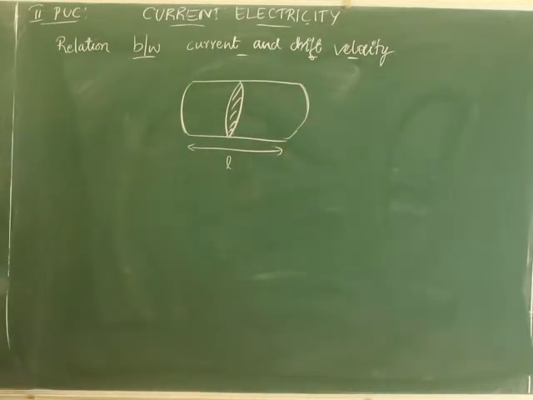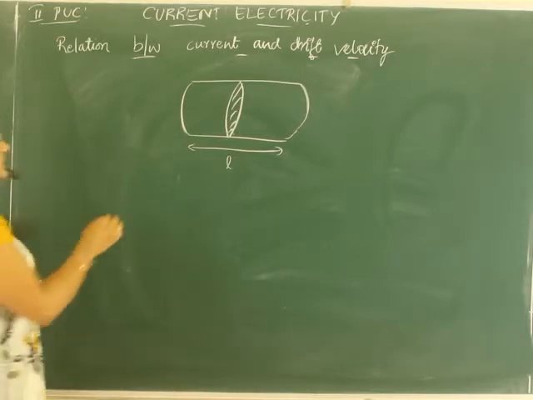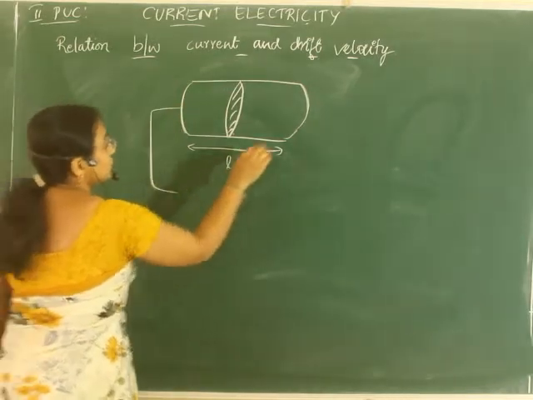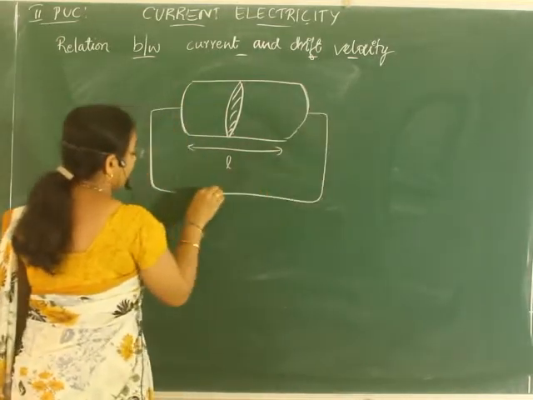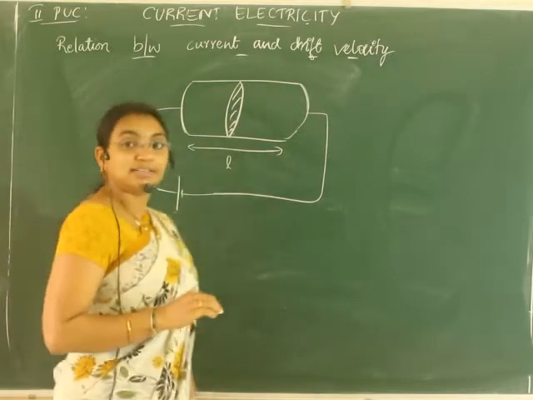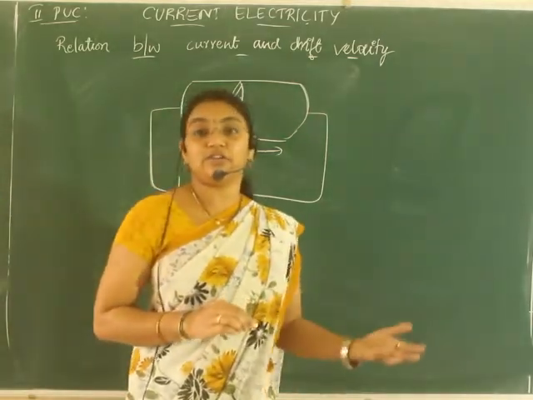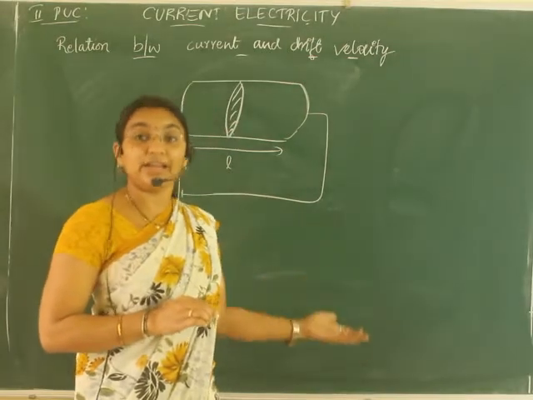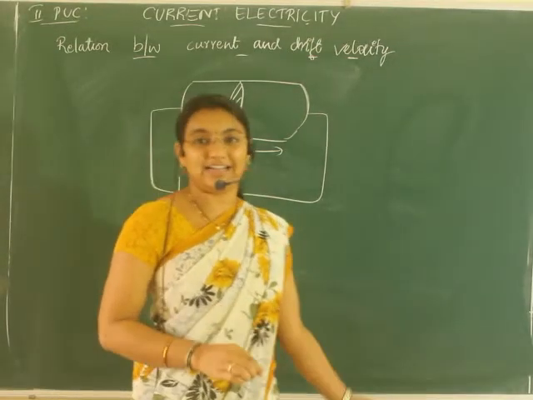Let us consider this conductor and let us apply the external electric field so that the electrons will start moving in one particular direction. Otherwise, these electrons, which are nothing but free electrons, will be moving randomly, correct?